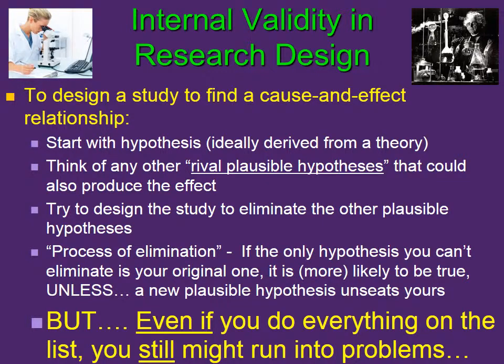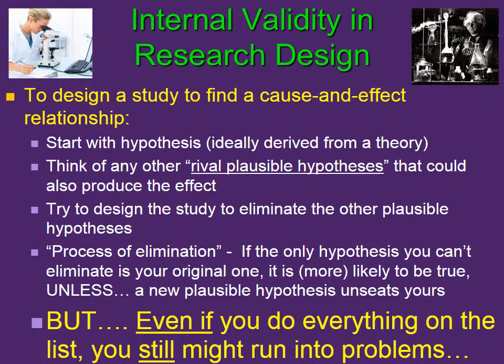And designing a study to test your hypothesis is then going to try to think of any plausible rival hypotheses, right, that could also conceivably produce the effect. And then the study will be designed to try to eliminate the other plausible hypotheses one at a time.